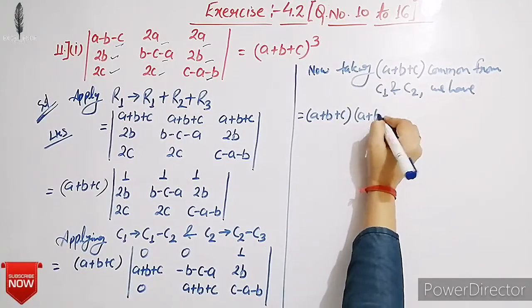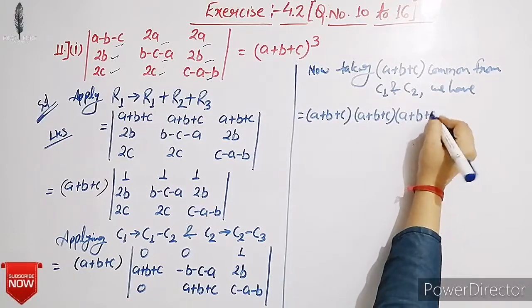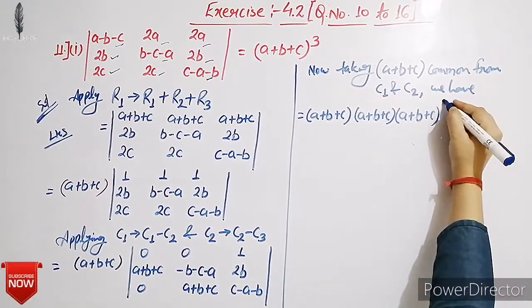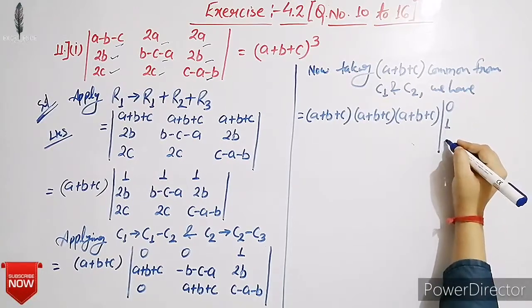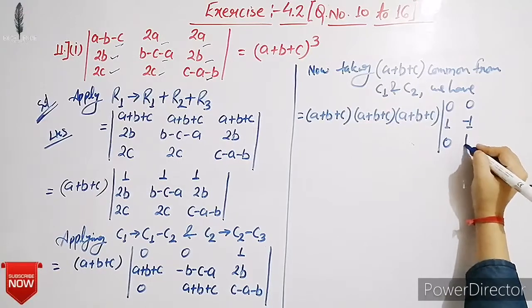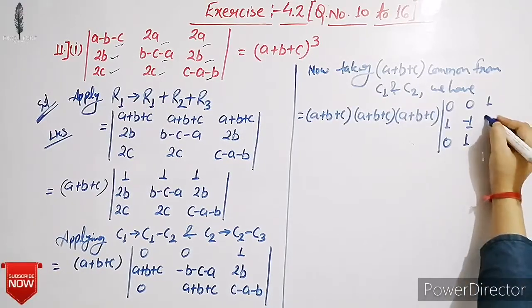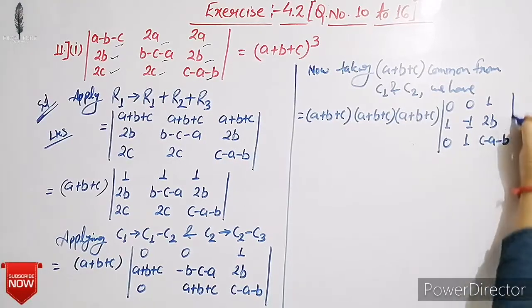Now a plus b plus c common from C1 and a plus b plus c common from C2, into the determinant becomes 0, 1, 0. Here 0, minus 1, 1 and here 1, 2b, c minus a minus b.